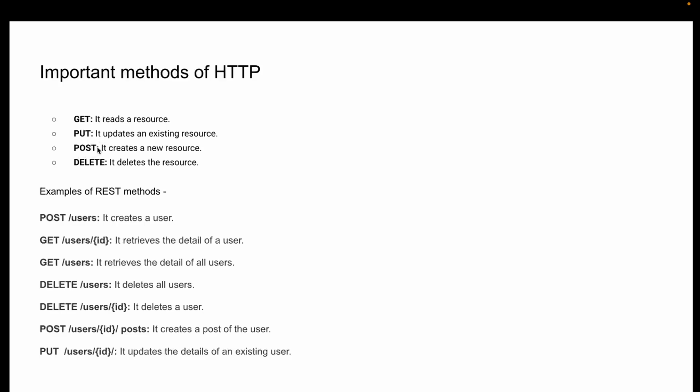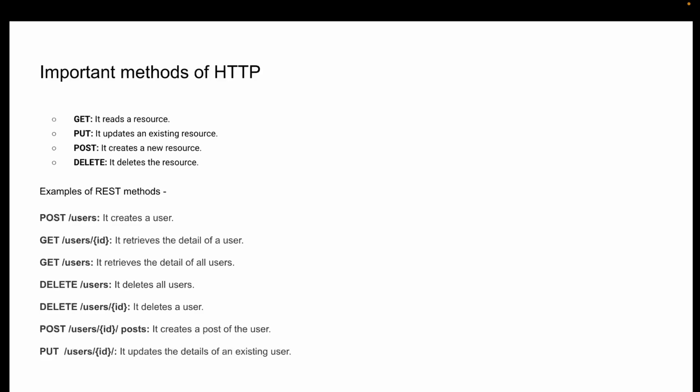Now let's see another HTTP method, that is the POST method. The POST method basically helps you to create a new resource. Let's say a new employee has joined some particular ABC company and you want to create that employee's resource in the company. That employee's information has to be fed into the company's database, right?